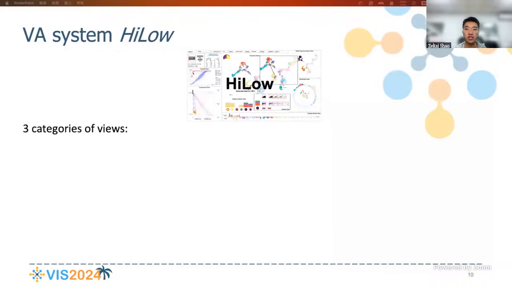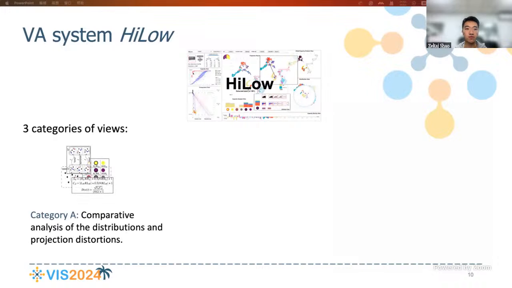So the visual design of the interface aims to enhance the understanding of data distribution and the distortions, comparing both the original data with the projected data, and further improve the interpretability of the results. And it contains 3 categories of views. The first category of views focuses on intuitively visualizing the information of high-dimensional and low-dimensional data distributions.